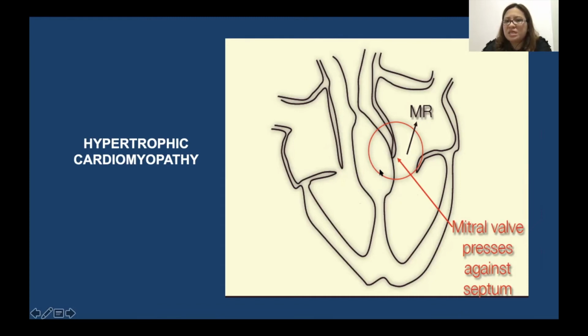And you can see that the apical interventricular septum is hypertrophied markedly, and the anterior leaflet of the mitral valve presses into the interventricular septum. This will now cause the dynamic LVOT obstruction or pressure gradient.